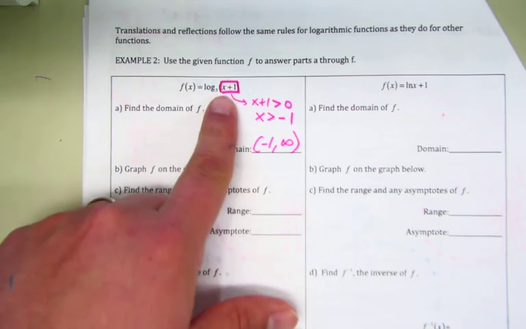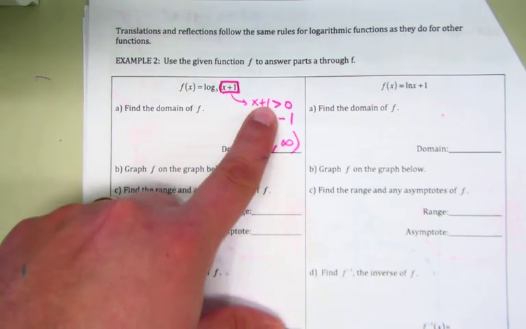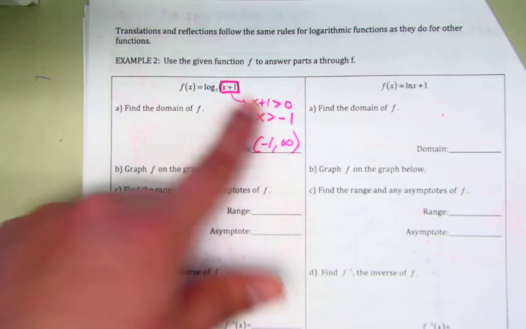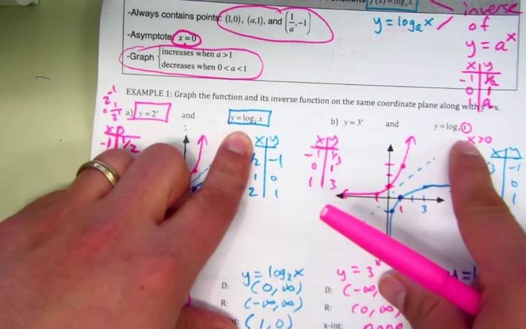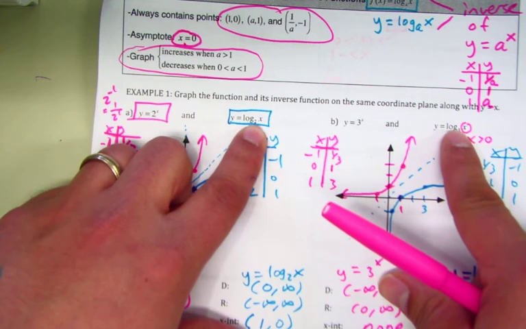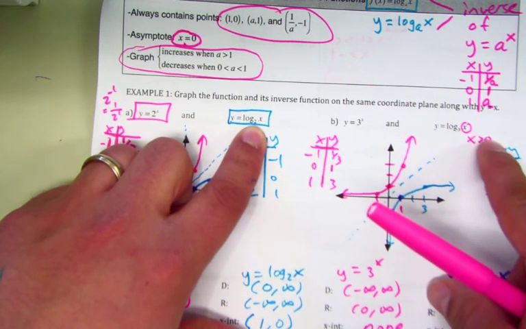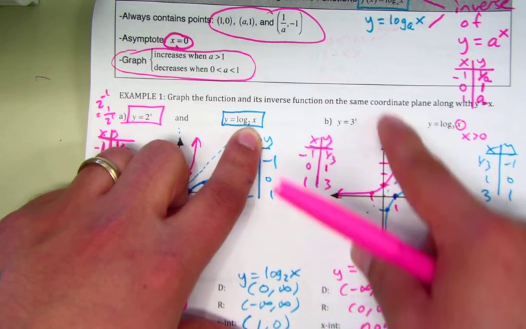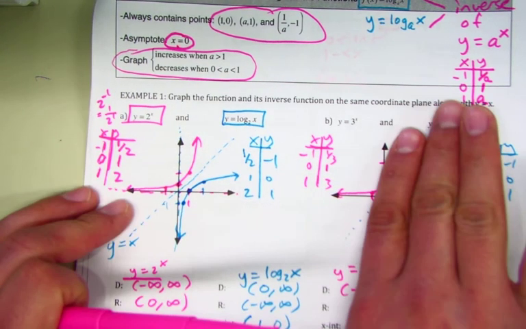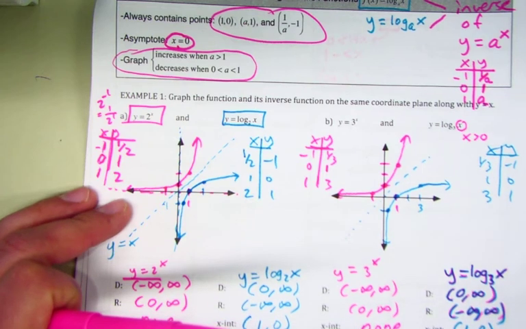Okay. Now look, we could have answered this without even doing that. Because anytime it's just log x, whatever the base is, doesn't matter, we always have x equals 0 as a vertical asymptote. So that means that the graph is on the right side of that.